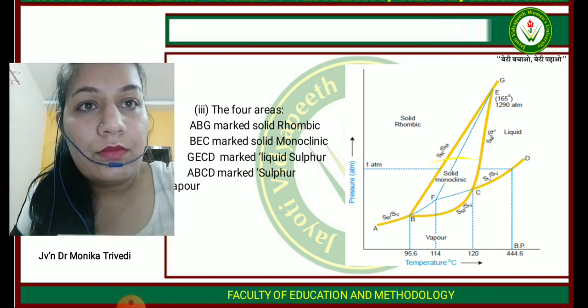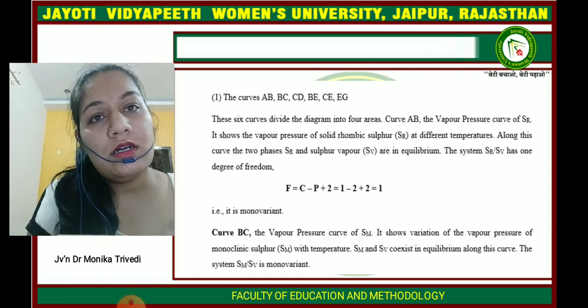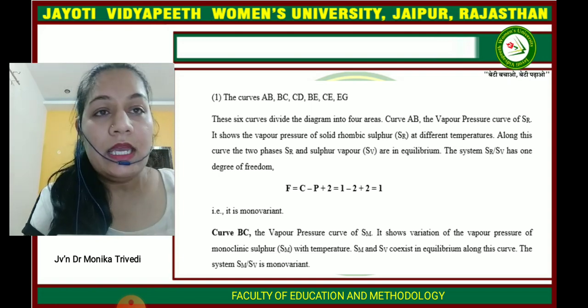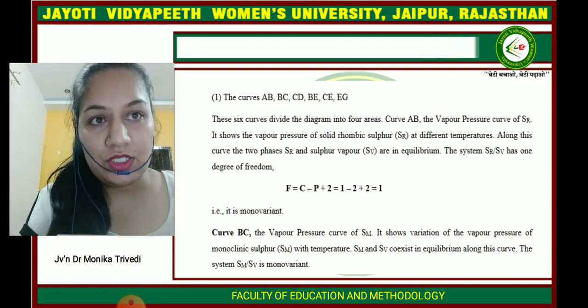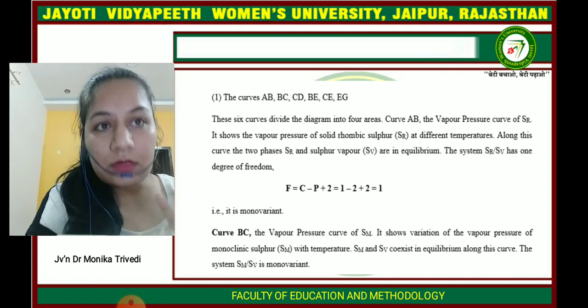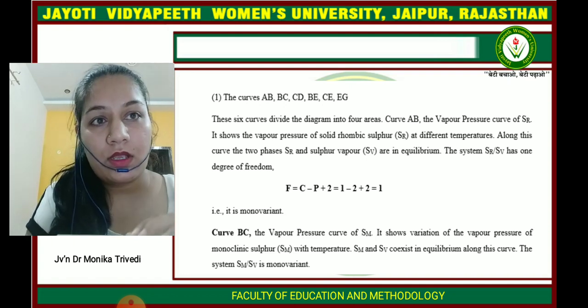Okay, so first we calculate the degree of freedom for curves AB, BC, CD, BE, CE and EG. For all these curves, the component is 1 and the phase is 2.